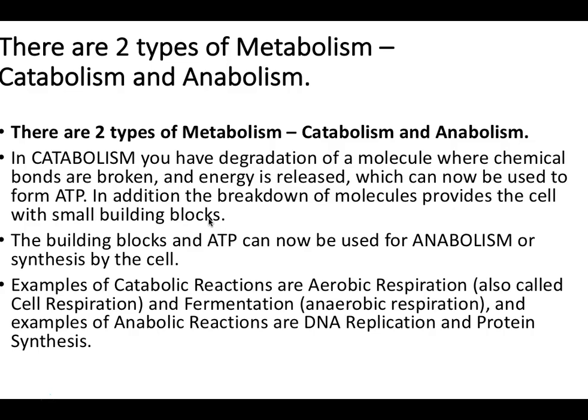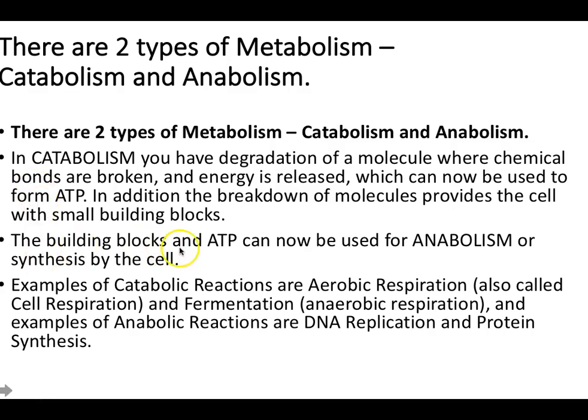in which you can now build your Lego bridge. Now, anabolism or synthesis always comes with two demands. It comes with the demand of energy in the form of ATP, and it comes with the demand of building blocks. Because if it has energy and it has building blocks, it can make whatever it needs.